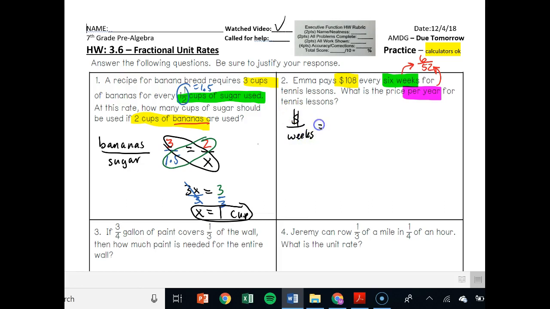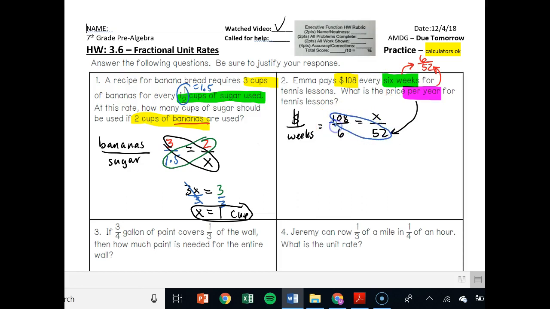And so if we have $108 for, not 1/6, but 6 weeks, how much money would it cost to pay for 52 weeks, right? Because 1 year is 52 weeks. So right there, we're finding out how much money that costs, right?